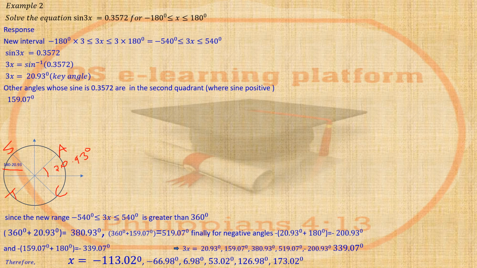This example, please, if you're not understanding it, rewind it again and play it. This very example is very important, most especially when what you're solving has a multiple of a digit, 2 theta, 4 theta, 5 theta, 8 theta, and all that. You have to increase the range and you cover up all the angles that are required.